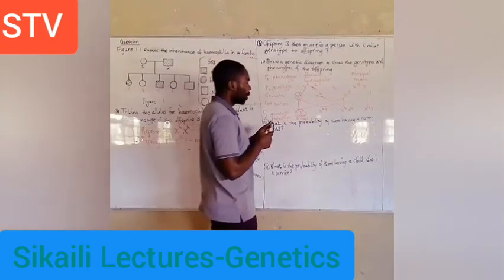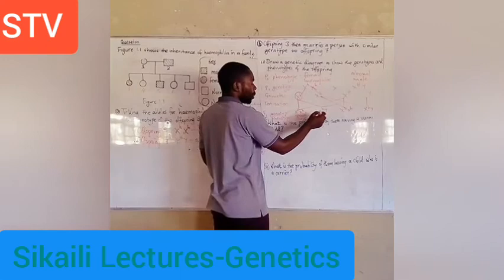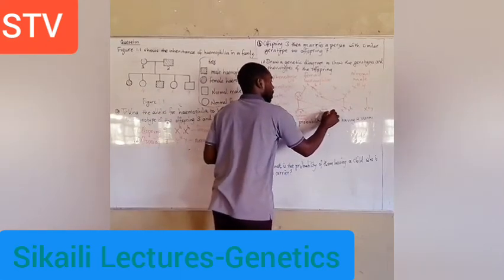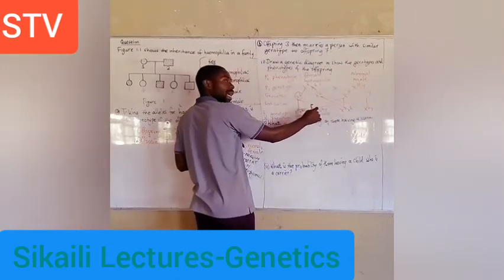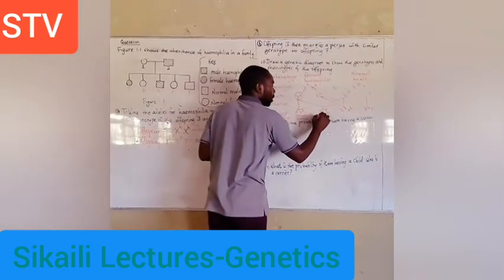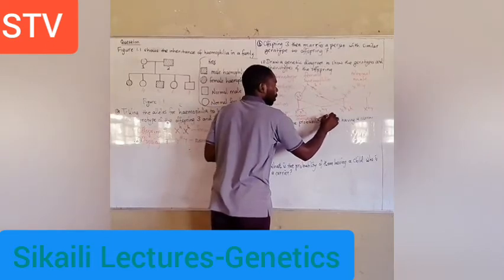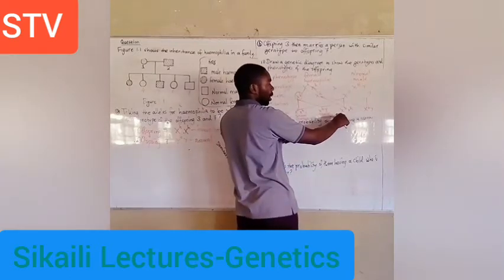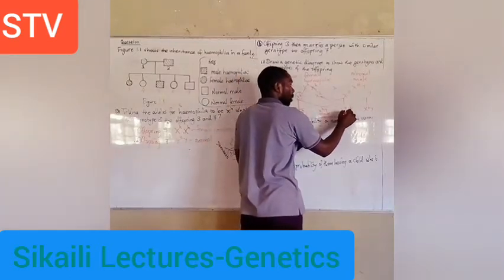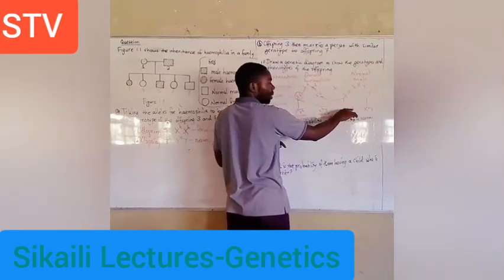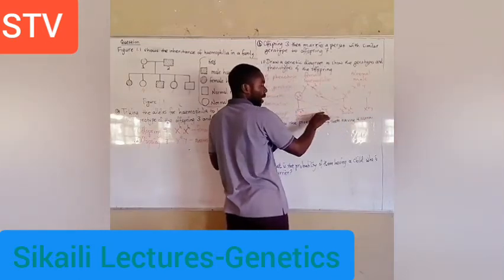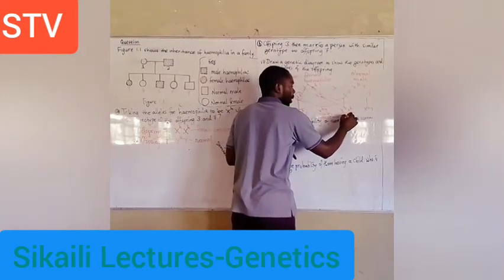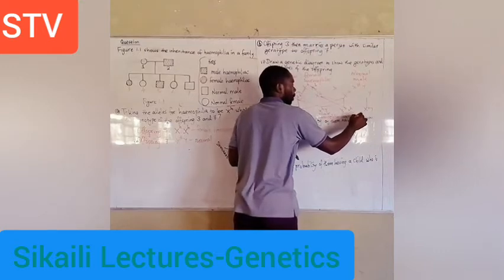So away from this one, we have another part which is here. Now XY, that is male, and because the X chromosome has been attacked by hemophilia, that means male hemophilia. Coming here, again is the female, because one X chromosome has been attacked, just like the one X chromosome has been attacked, that is female haemophilic.